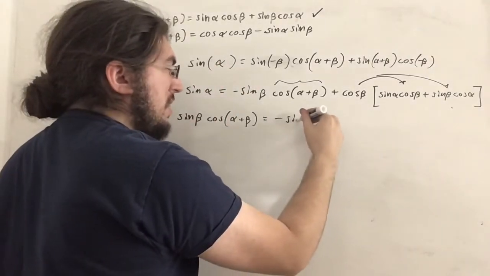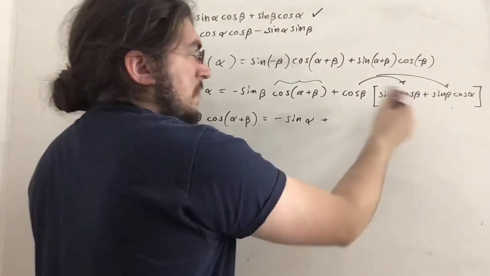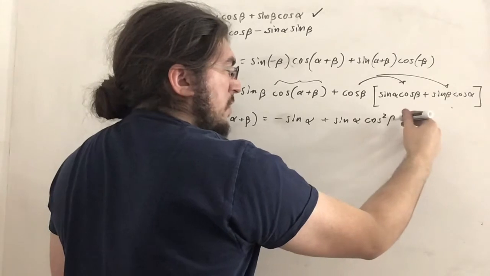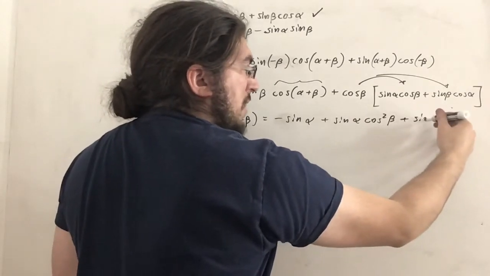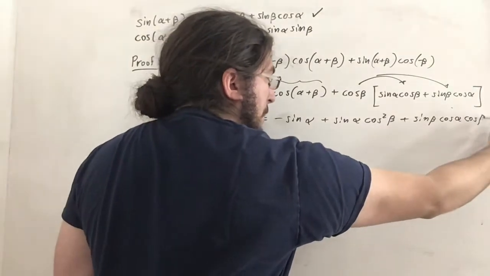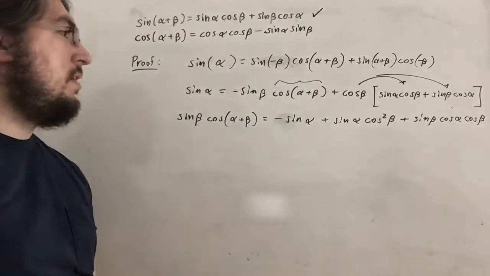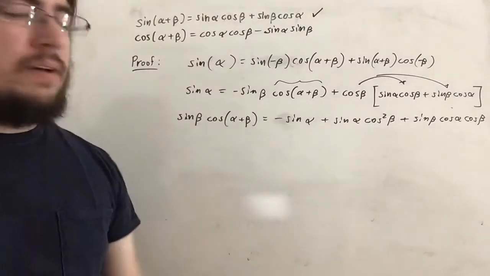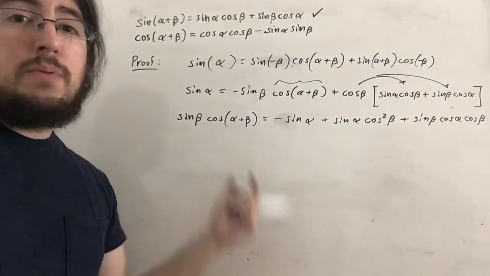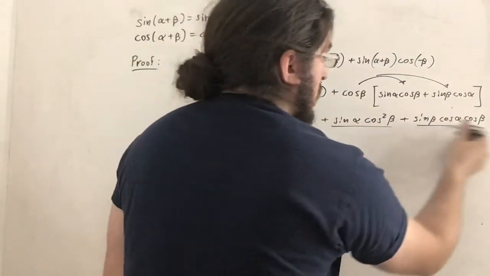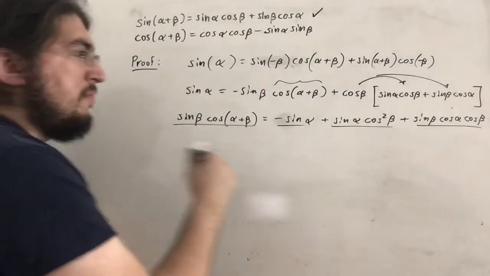There we go. And this is going to be plus sine alpha cosine squared beta plus sine beta cosine alpha cosine beta. Perfect. Great. Now I want to divide by sine of beta to get cosine of alpha plus beta by itself. So I'm going to divide through by sine of beta.